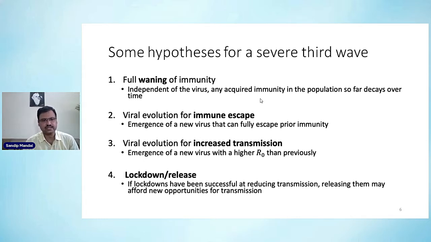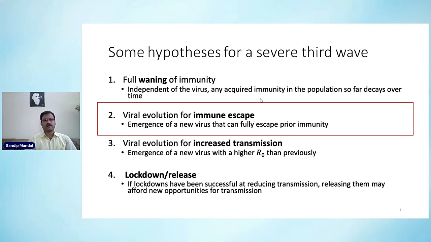The fourth scenario is the lockdown release scenario, where the restrictive measures taken in different states were very strong and early. There many people remain susceptible. Now, after releasing the lockdown, a third wave might arise. These are the four reasons where the third wave might arise.